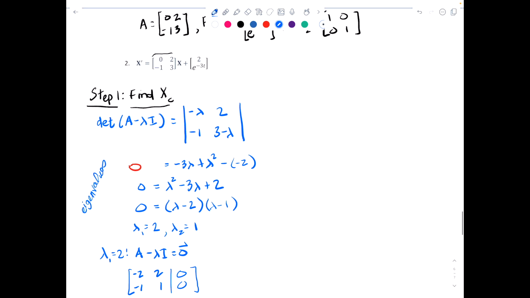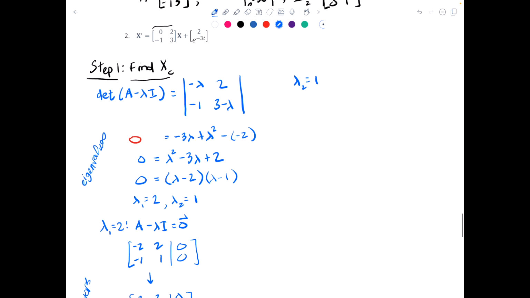All right, so our next eigenvector, again, we have lambda 2 equal to 1. So we will have A minus lambda I times the vector equal to the 0 vector is going to give us, let's see, lambda is 1, so we'd get negative 1, 2 going across, negative 1.